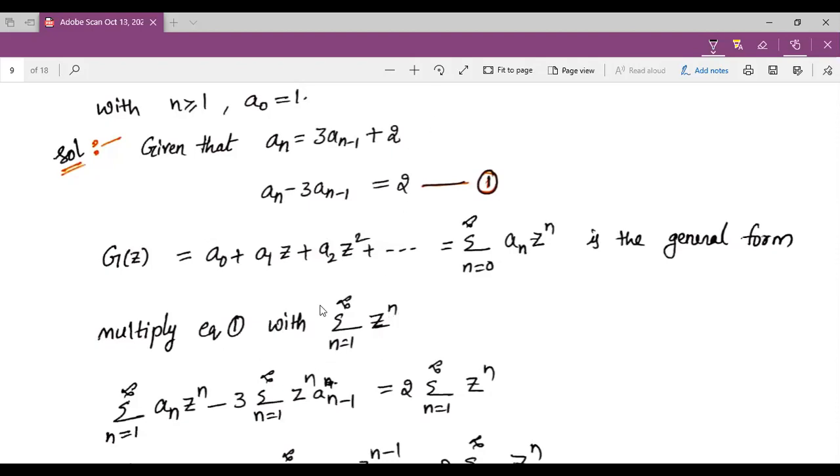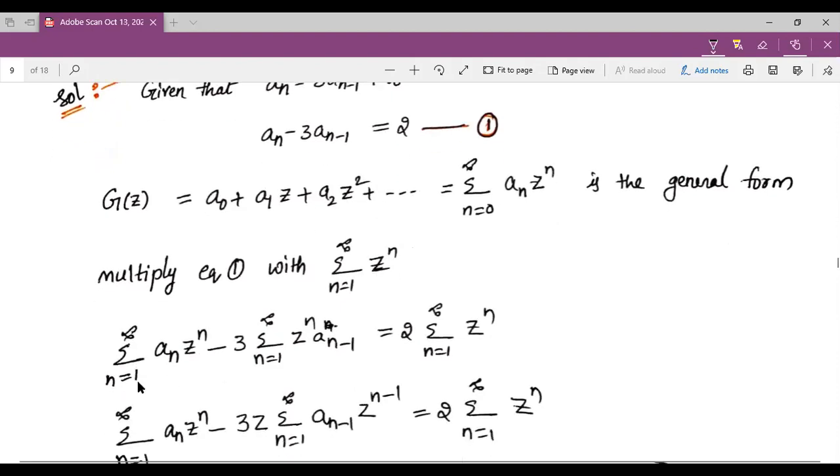So we multiply the total equation with this series: summation n is equal to 1 to infinity an z power n minus 3 into summation n is equal to 1 to infinity an minus 1 z power n is equal to 2 into summation n is equal to 1 to infinity z power n.